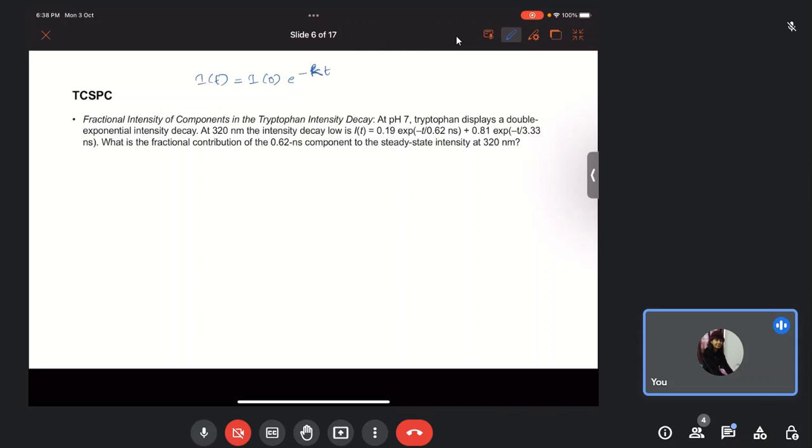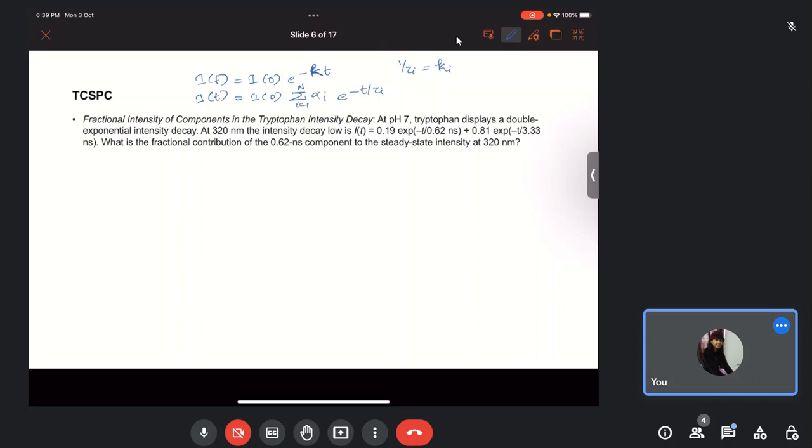When you have more than one fluorophore, you will have contributions from the fluorophores involved in the decay. So you will have a multi-exponential decay which follows this equation: I of t is equal to I0 summation of i is equal to 1 to n alpha i e raised to minus t by tau i, where 1 by tau i is equal to ki. ki is the fluorescence decay rate.